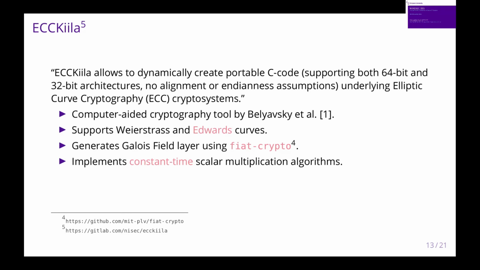It supports different curves, among them Edwards curves for ED25519, and it uses formally verified Galois field arithmetic for the underlying arithmetic. And all of that is implemented in constant time.